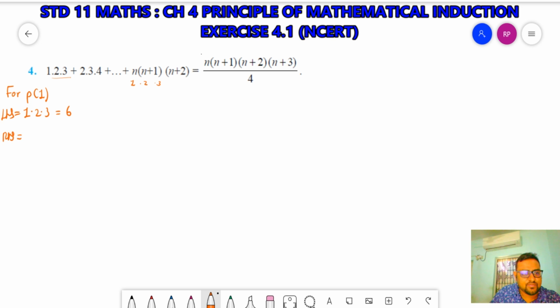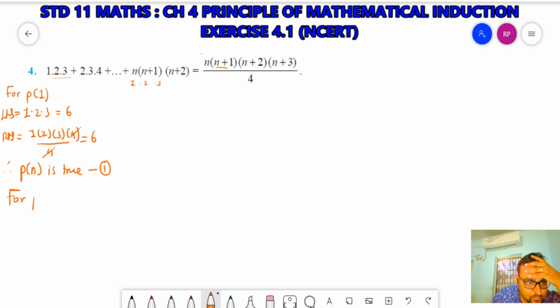RHS: n means 1, 1 plus 1 is 2, n plus 2, that is 1 plus 2, 3, n plus 3, that is 1 plus 3, 4, upon 4. This is also equal to 6. Therefore, P of 1 is true. Let's name this as 1.